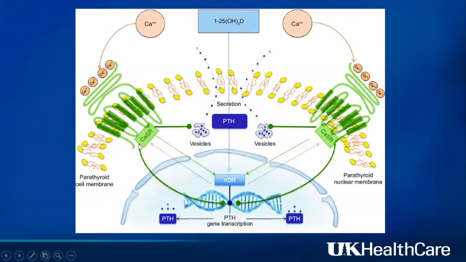So it suppresses the PTH gene transcription and release and decreases the vesicle exocytosis because we don't need PTH. But if the calcium goes down, it gets activated, and when it activates, it increases PTH release and secretion, the exocytosis, and the PTH gene transcription.